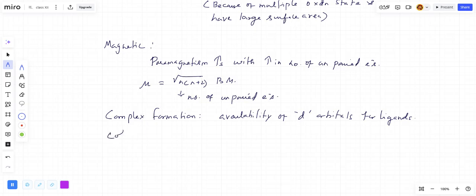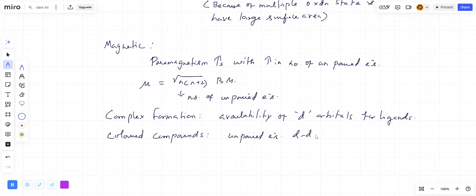Then colored compounds. The transition elements form colored ions due to the presence of unpaired electrons. There are two reasons: unpaired d electrons, and d-d transition. d-d transition means light is absorbed in the visible region to cause excitation of unpaired d electrons.